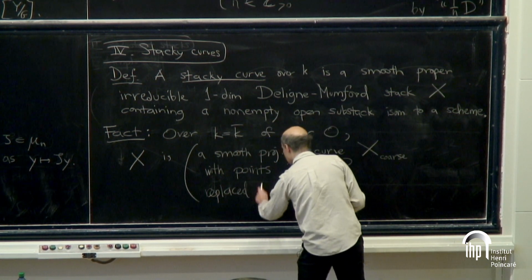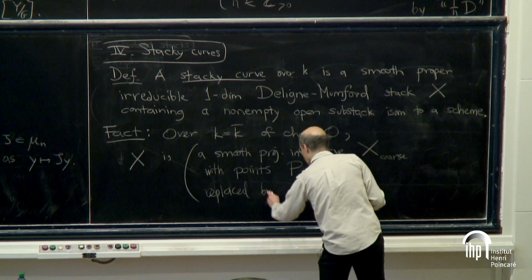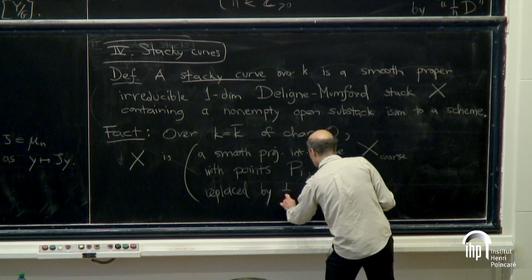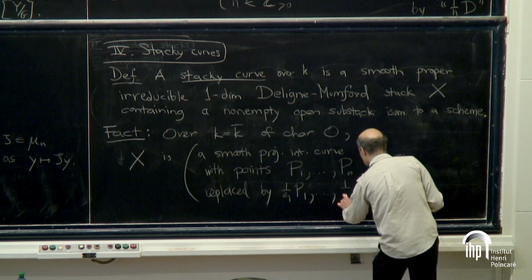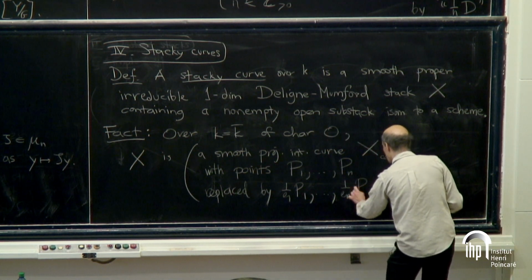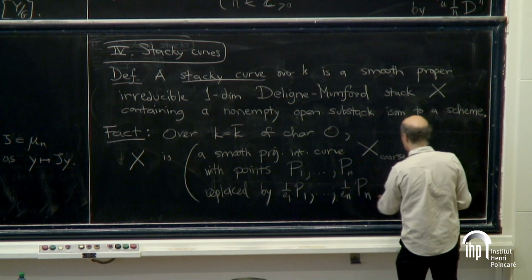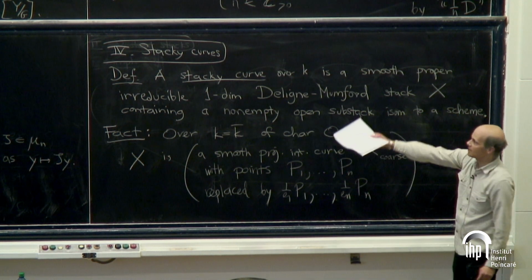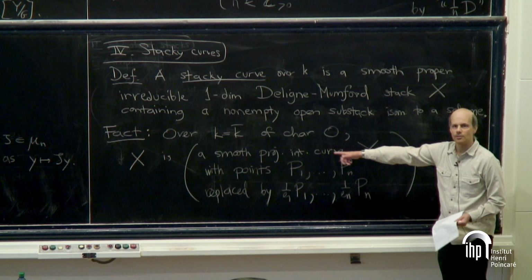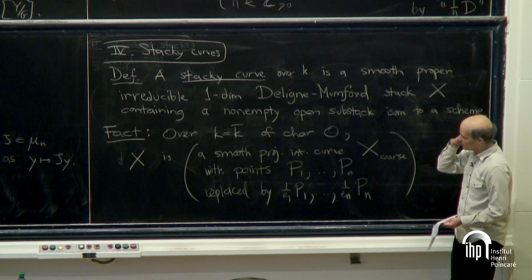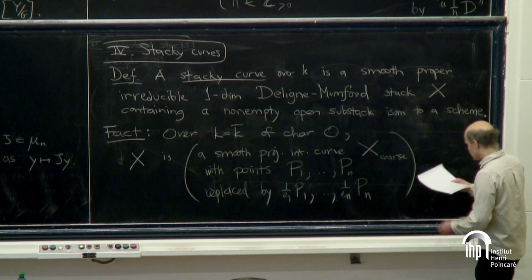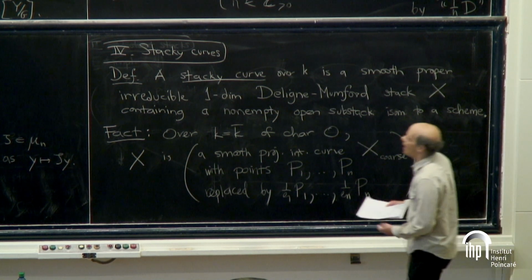So replaced by 1 over e1 P1, and you can use a different fraction for each one. And when I say replace, I mean in this root stack sense. So locally, this X is a root stack. Okay, so this is what it looks like.